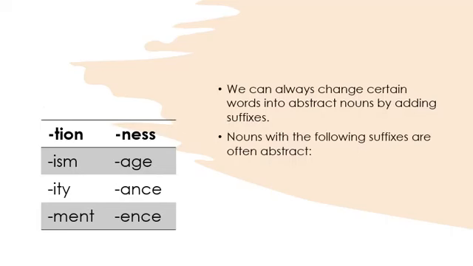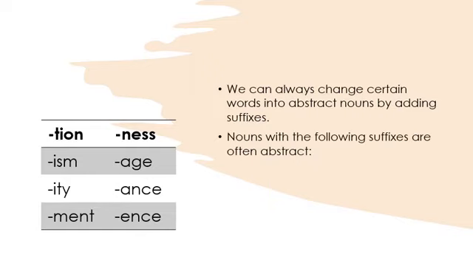We can always change certain words into abstract nouns by adding suffixes. What are suffixes? Suffixes are letters added to root words to change their meaning or form. Nouns with the following suffixes are often abstract: tion, ness, ism, age, ity, ance, ment, ence.